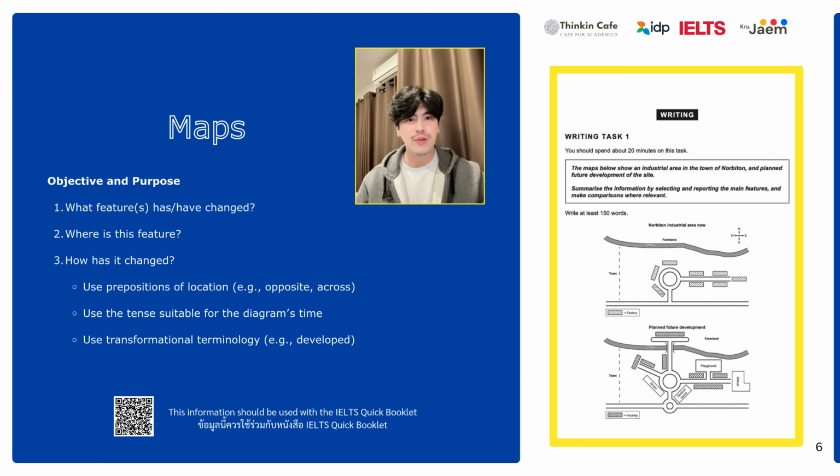You can also use other prepositions of location, for example, opposite the hospital, across the river, near the farmland, for instance. So these will be keywords to help you increase your score for lexical resource as well as for coherency.